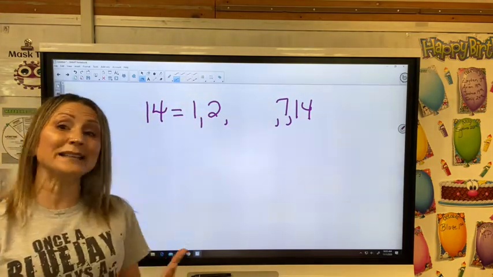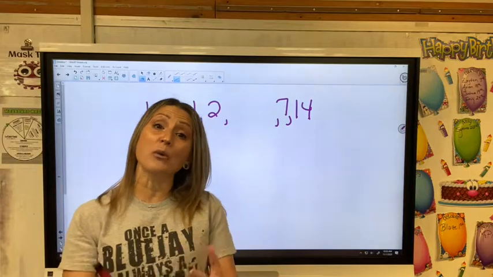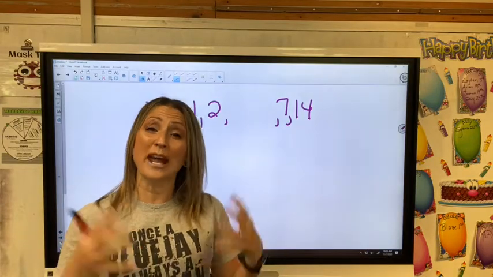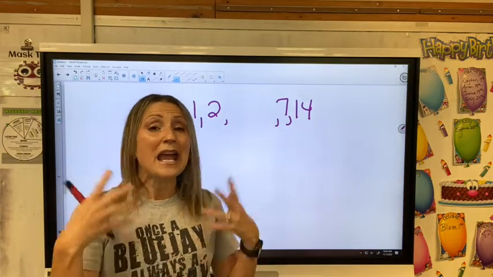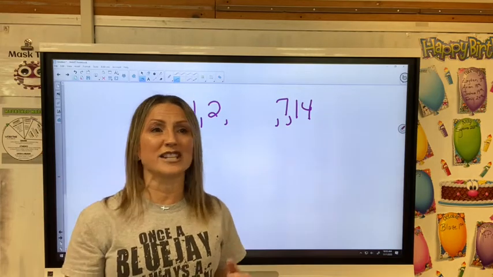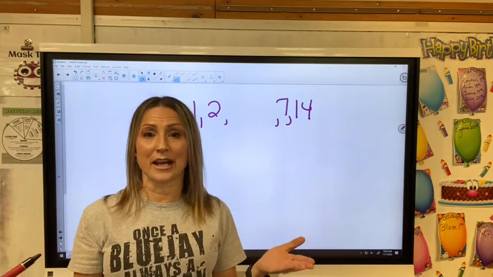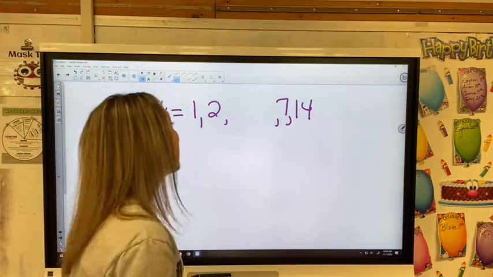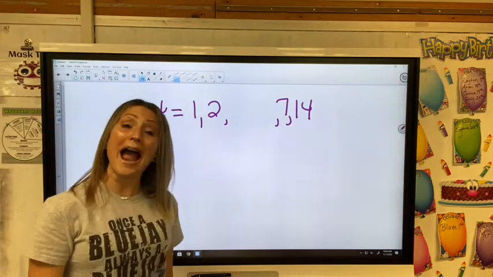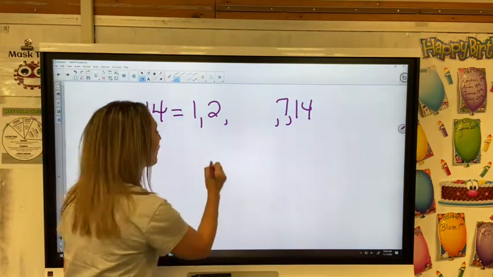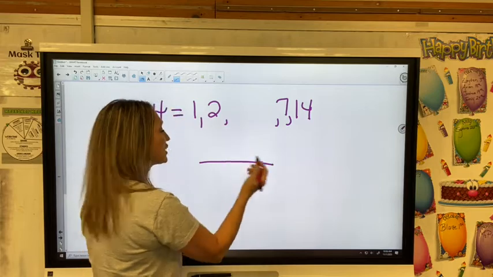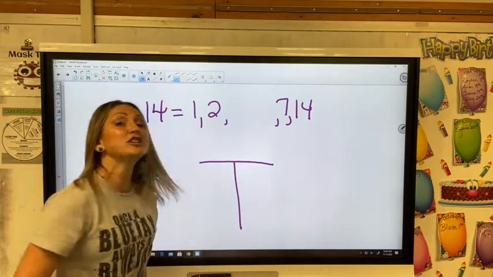And then I ask myself, is there any other numbers that will give me 14 when I'm multiplying them together? And I'm hoping in your head right now, you're saying, well, no, I don't know anything else that makes up 14. And if you recall, you actually probably used this in the 4th grade, but your teachers probably called it a T-chart.